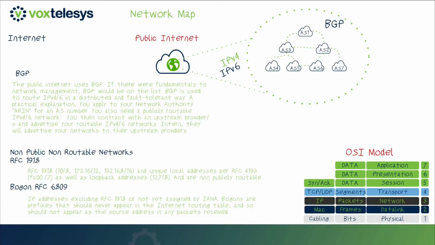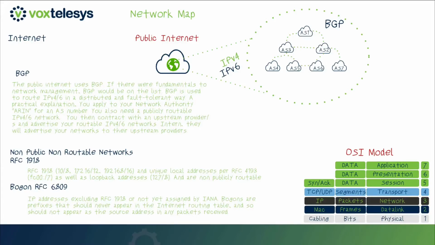What it doesn't do is move the non-routable networks, like RFC 1918, which is your 10/8, your 172.16/12, or your 192.168/16s. It also doesn't move your loopbacks, your 127/8, or your FC00/7s. Those are all internal. Those are non-publicly routed. It also doesn't route your bogon addresses.